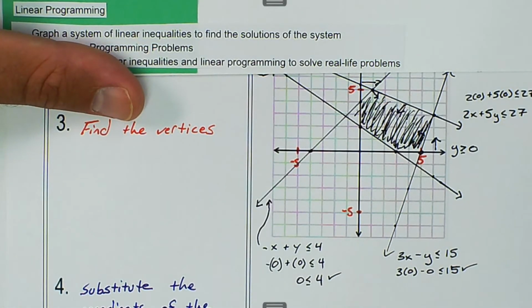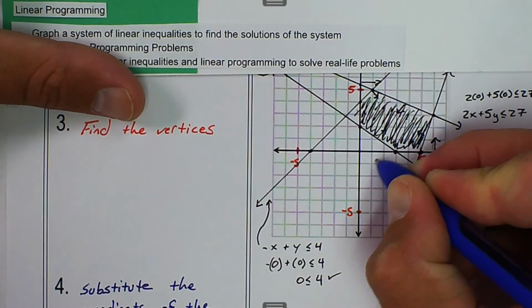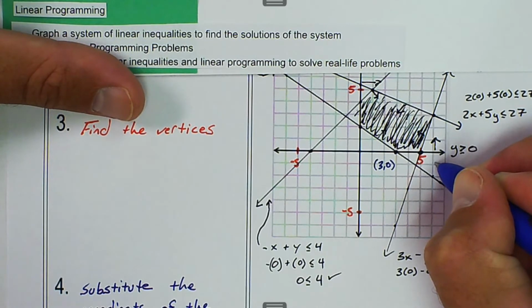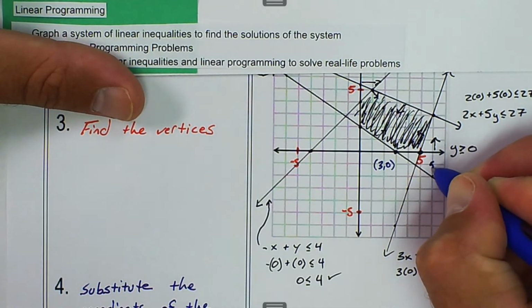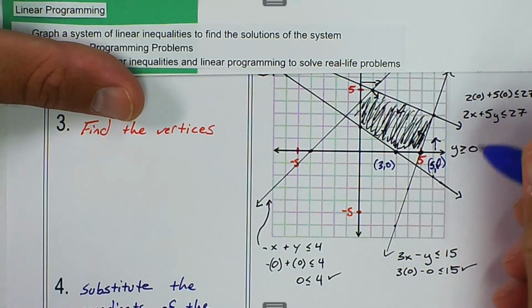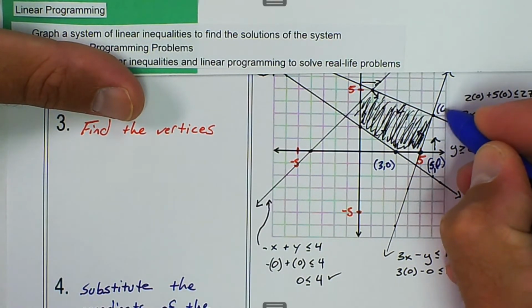So there's the feasible region in the middle, and then we can see all the vertices that we have to check. So we have 3, 0. We have 5, 0. We have 6, 3.